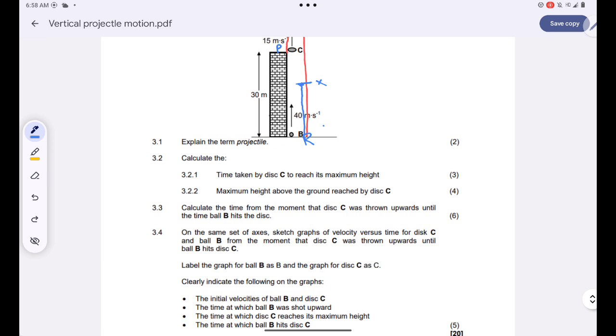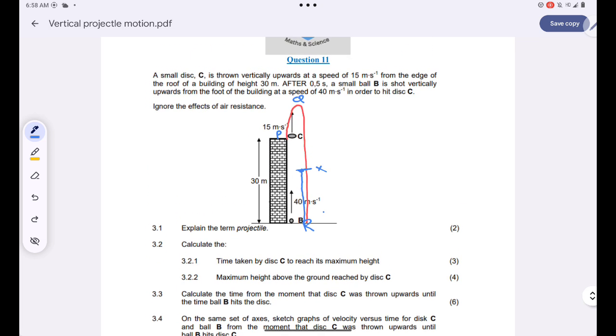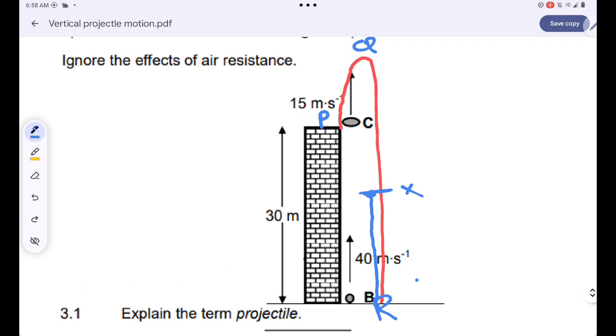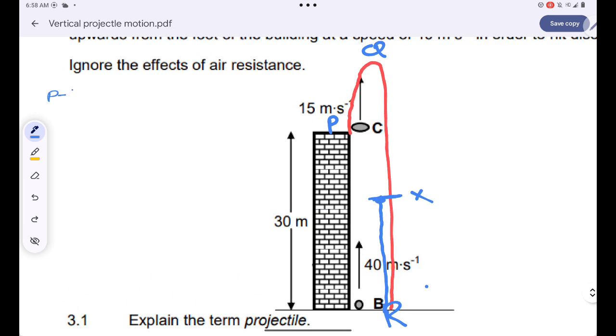Calculate the time taken by disk C to reach its maximum height. We are just going to focus on path PQ. The initial velocity, since we've taken up as positive, is positive 15 meters per second.